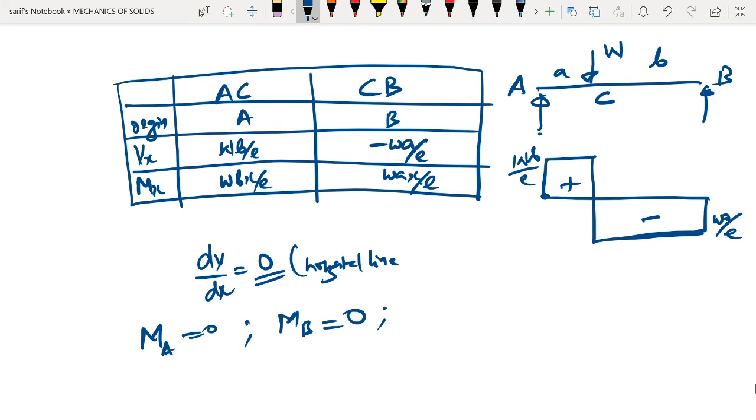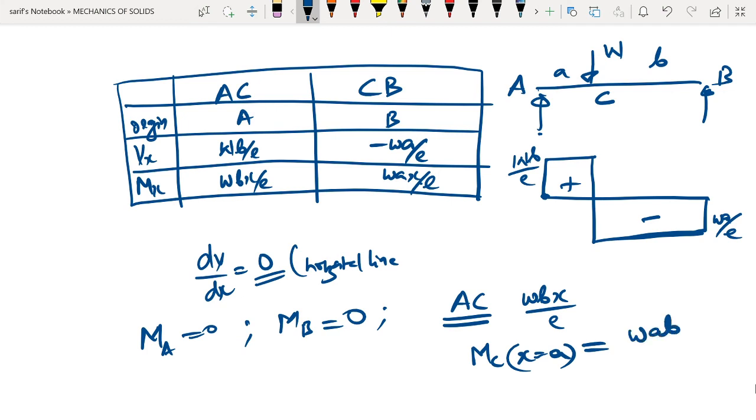MC can be found from either of the two expressions, or you can find it from both. For example, if you are taking the expression for AC, the expression is Wbx by L, and if you want to find MC, the origin is starting from A. So starting from A, C is at a distance x is equal to a. If you replace that in the equation, you will get Wab by L.